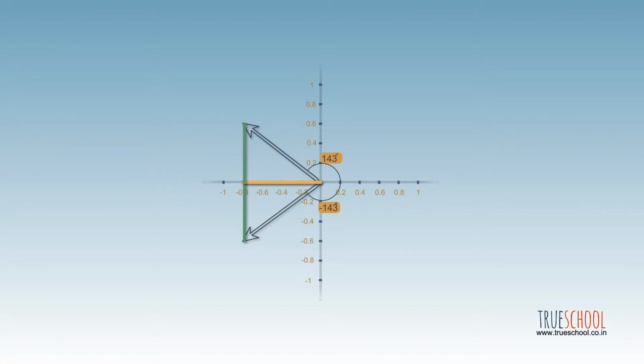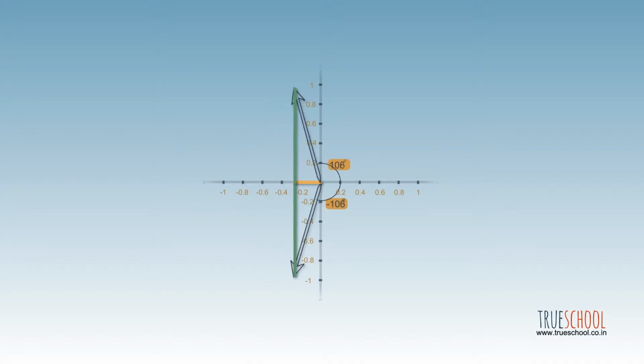Let's try to find the relation between trigonometric functions of theta and minus theta using this angle as an example. By reflecting it about the x-axis, we get the negative theta angle. Try to look at the sign of perpendicular and base for these two angles. As the negative angle is simply a reflection about the x-axis, the base remains the same for both positive and negative angle, but the perpendicular changes its sign.